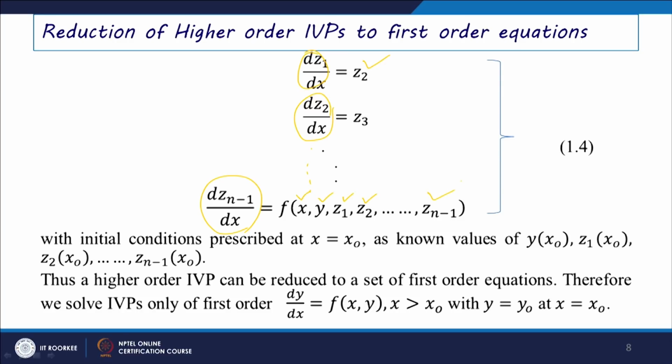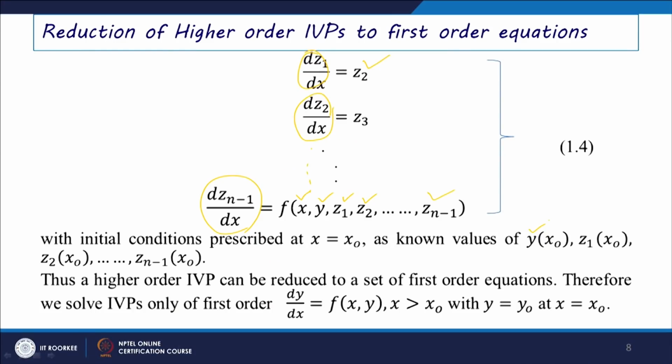Simply, we can say that with the prescribed initial condition at x equals x naught, we can evaluate all the values at the single point, since x0 is the initial value which has been provided for all the derivative terms involving the dependent variable y. Thus, a higher order initial value problem can be reduced to a set of first order equations.